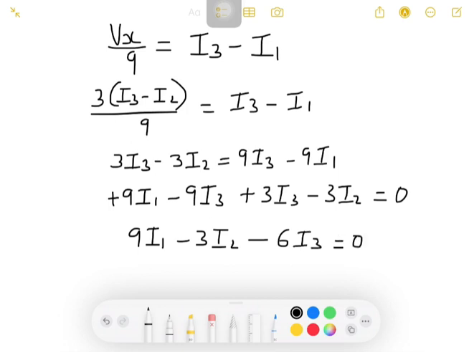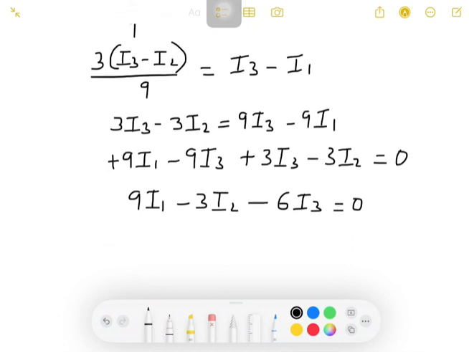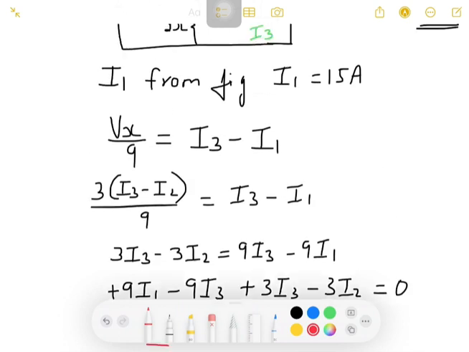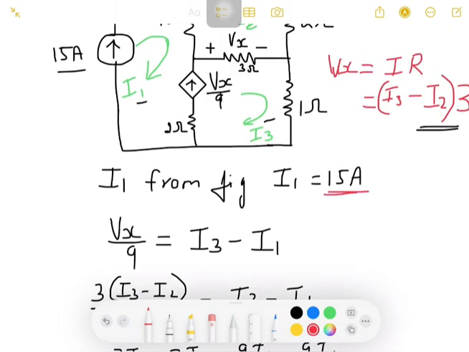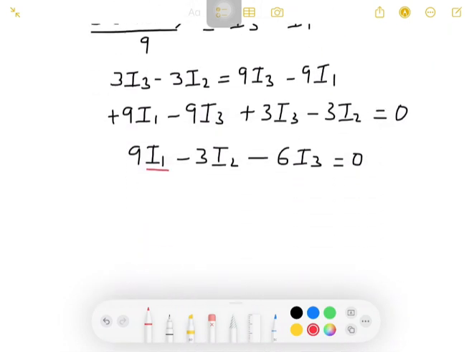And from the figure I know the value of I1, which is given, it is just 15 amps. So I'll substitute 15 amps here. It will be 9 into 15 minus 3 into I2 minus 6 into I3 equal to 0. Let us take 9 into 15 to the RHS. 9 into 15 will be 135.